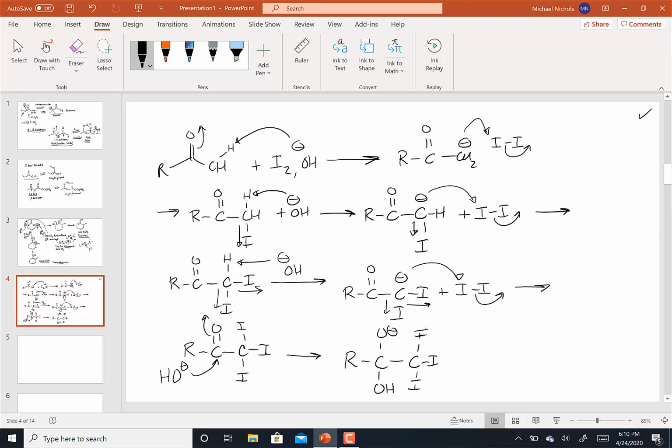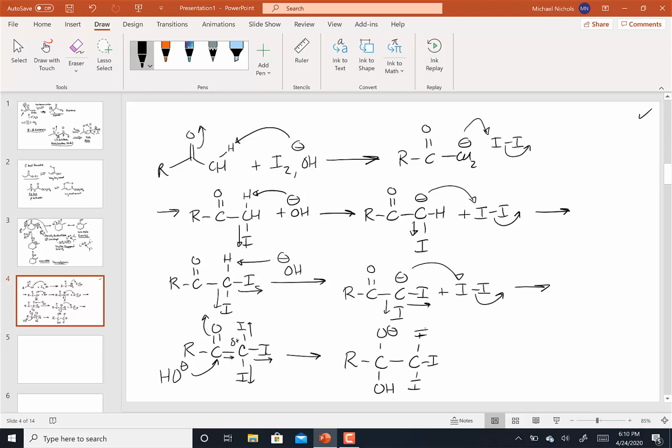And part of the reason why the hydroxide can attack that carbonyl is because the iodines are pulling electron density out of this carbon, making it severely delta positive, which is then going to pull electron density from the carbonyl. It's going to make it more delta positive and therefore more electrophilic.